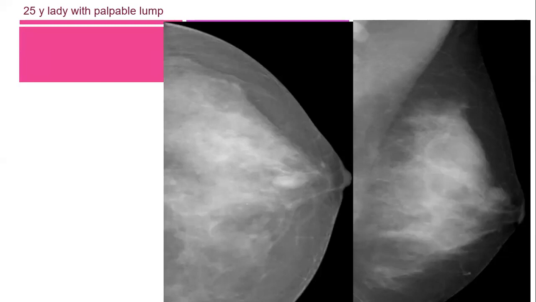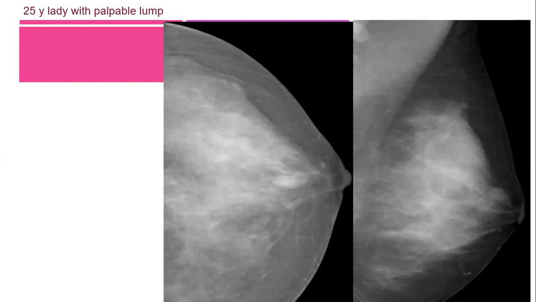At this level, I can say zero because I'm not sure about the margins. On the CC view you might pass it, but on the MLO view there are some indistinct margins, especially the margins abutting the area of fat anteriorly.